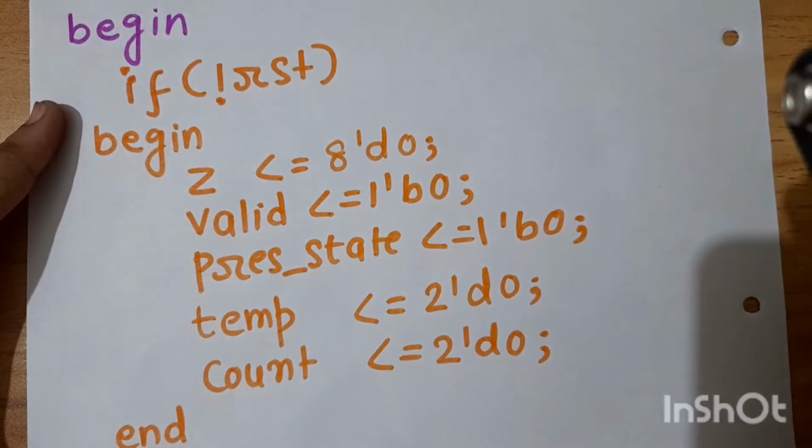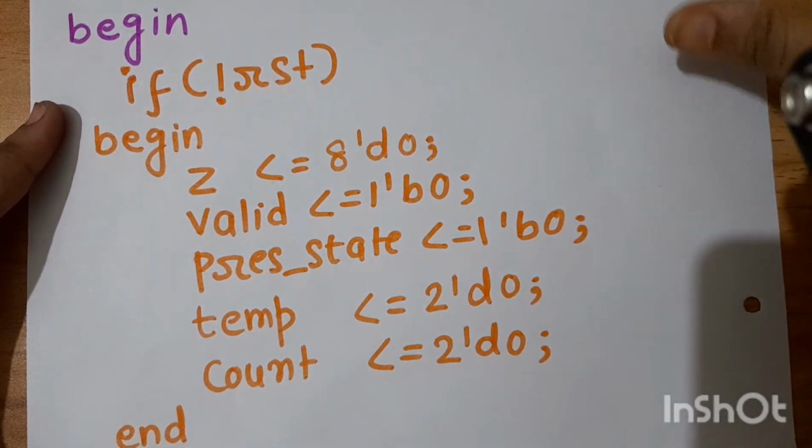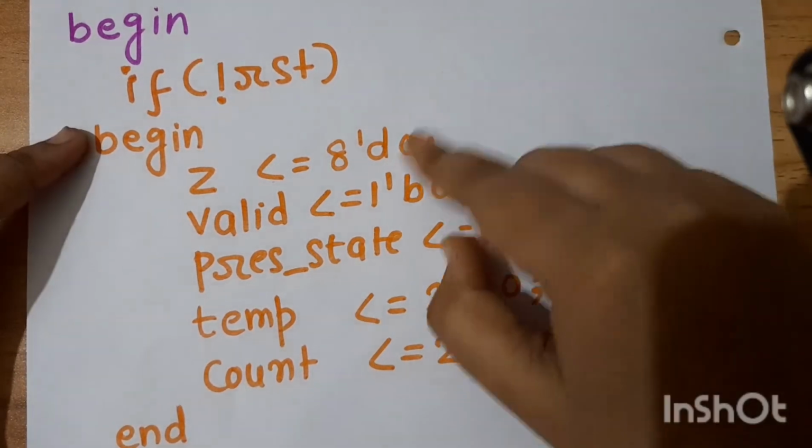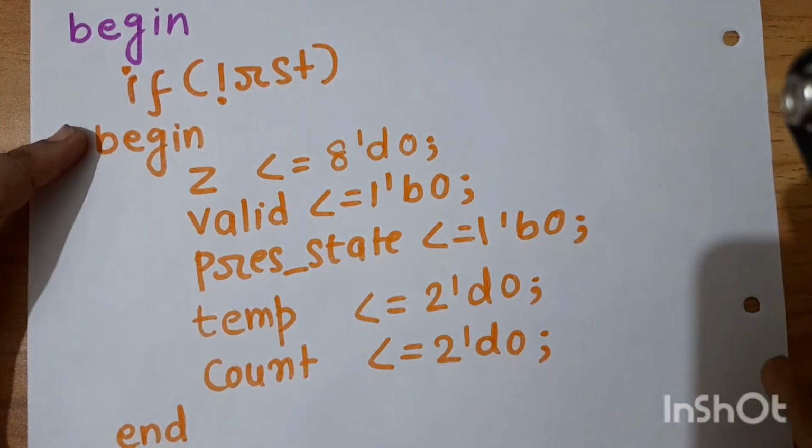All are non-blocking assignments. So everywhere I am assigning 0 at the reset. So not of reset means it is 1 value. If 1, then this block will enter and this will get executed.